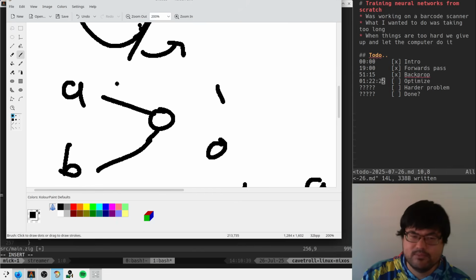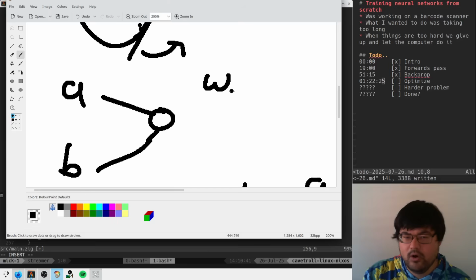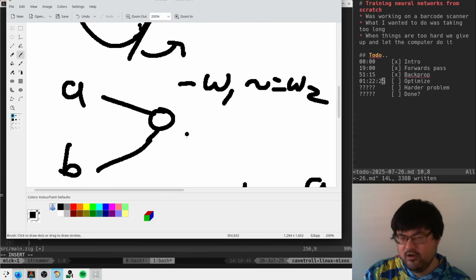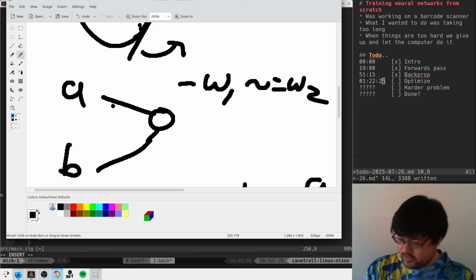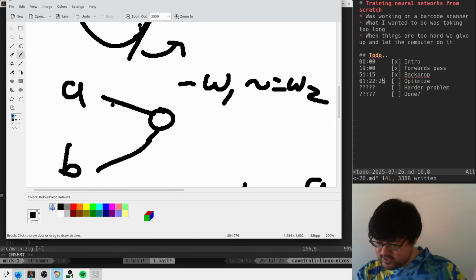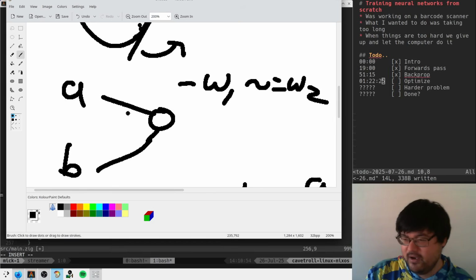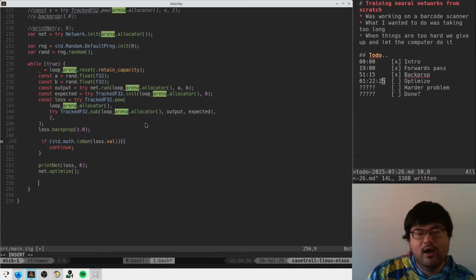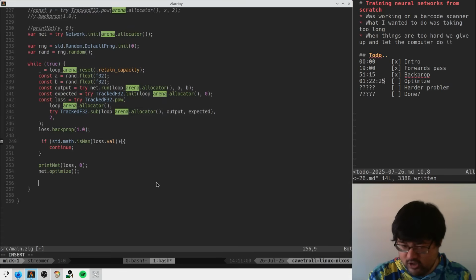I think my assumption is that weight 1 is approximately equal to weight 2, but negative, right? And then when this is greater than 0, A is bigger, and when it's less than 0, B is greater. That would be my assumption of what it would learn, but we don't actually know, right? But let's see if our guess is good.